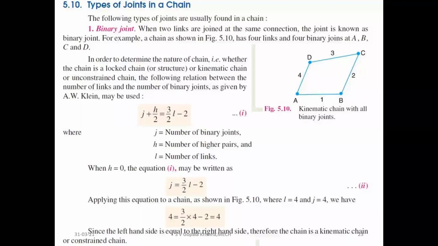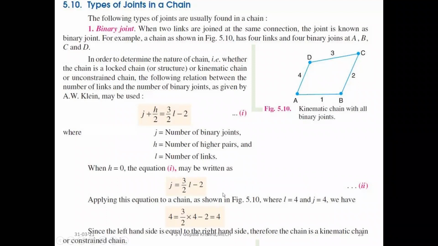That's why the H value is eliminated here. So the other relation is J equals 3 by 2 L minus 2. The H value is 0 in this particular mechanism.